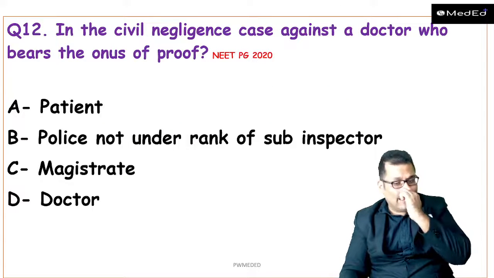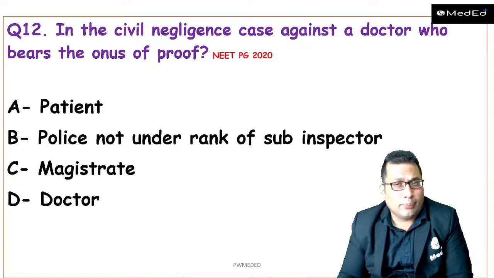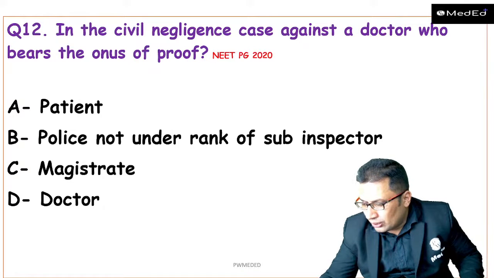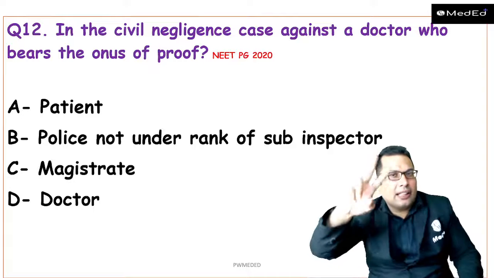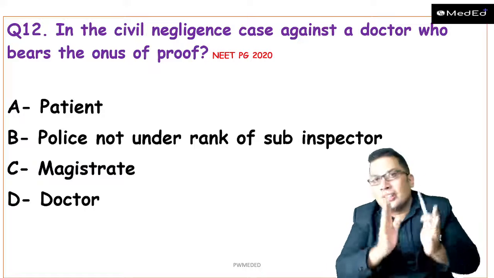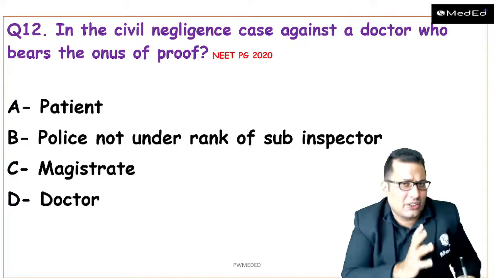In case of civil negligence against a doctor, who bears the onus of the proof? Now the question is about negligence. Negligence can be two types: civil negligence, criminal negligence. Civil negligence is a non-gross negligence, minor negligence.